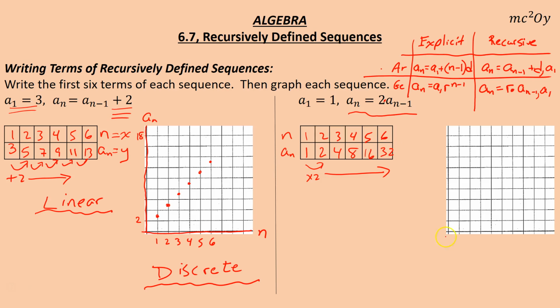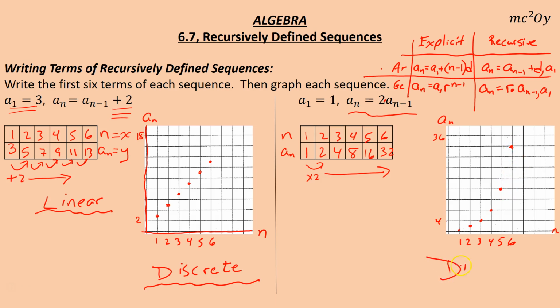Once again, I'm just going to use my positives. Here's n. Here's a sub n. I think I'm just going to go up by 4s this time. So 4, and that would bring me all the way to 36. So I'd have 1, 1; 2, 2; 3, 4; 4, 8; 5, 16; and 6, 32.